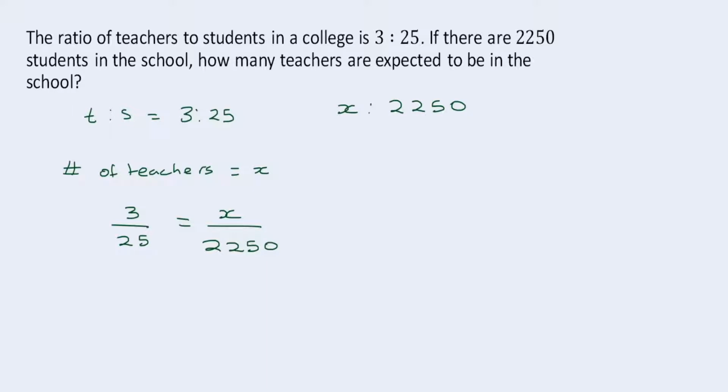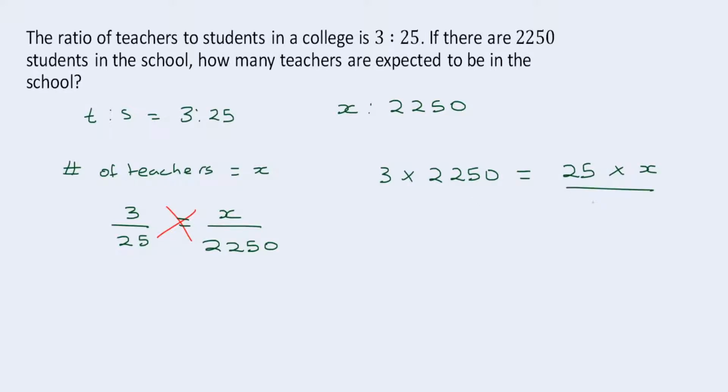So I'm going to use the cross product approach here. And so we have 3 times 2250 is equal to 25 times x.